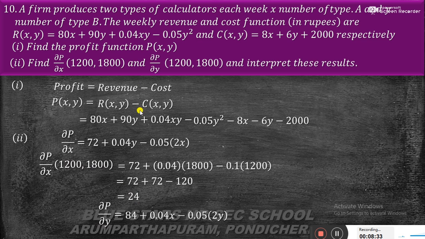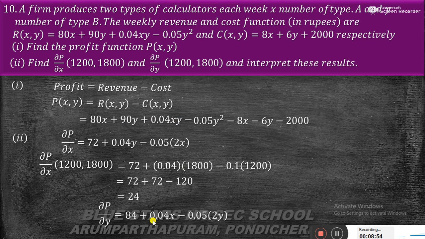Next step, dou p by dou y. We differentiate with respect to y: 90y gives 90, plus 0.04xy gives 0.04x, since the derivative of y is 1.